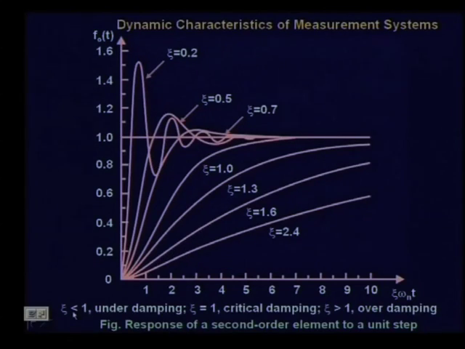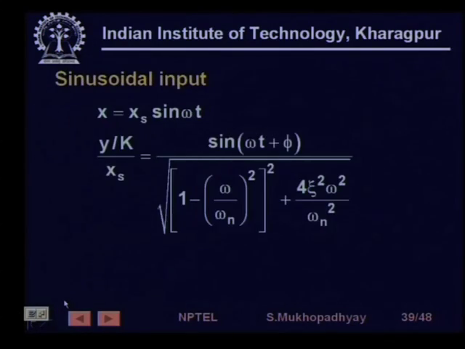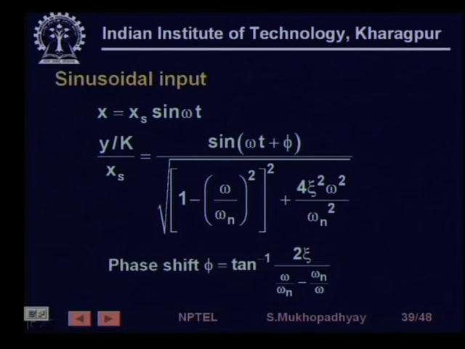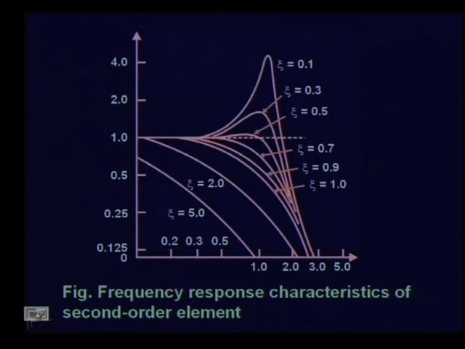Similarly, if you see its response to a sinusoidal input, again you will find that these are the expressions. You get a gain and you get a phase shift, and this is the plot for gain.